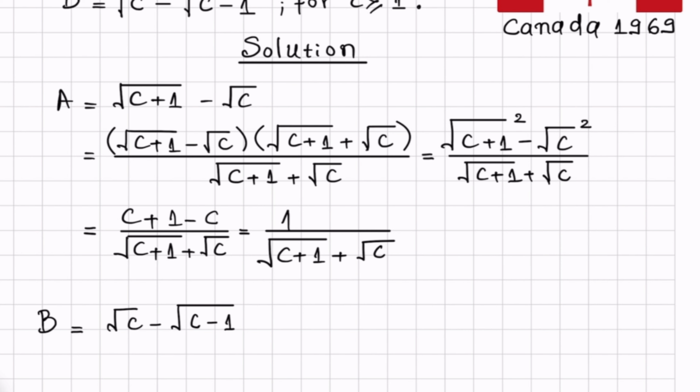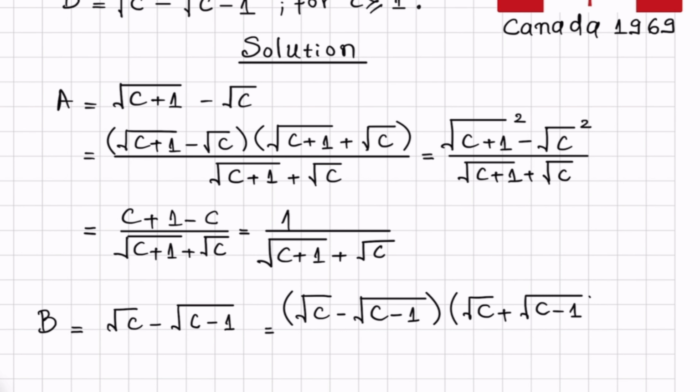So we get square root of c minus square root of c minus 1, multiplied by the conjugate, square root of c plus square root of c minus 1, and then we divide by square root of c plus square root of c minus 1.